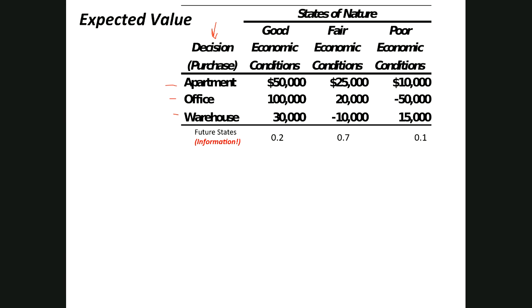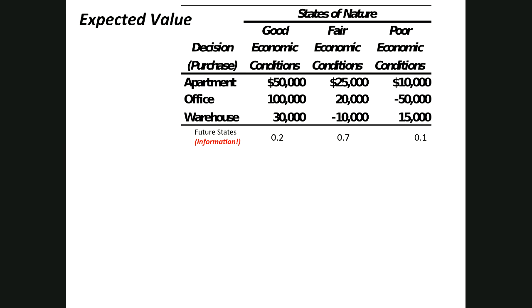But now we have information about the future states. Last time we said we had no information, so our best guess was that each of the future states of nature had a chance of a third, or 33%. But now we have additional information.